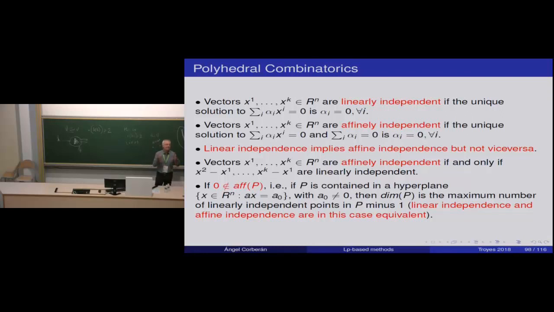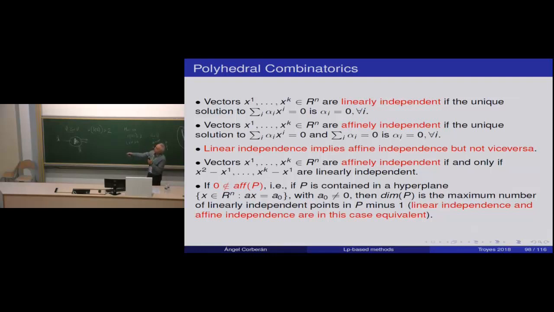What does it mean that your points satisfy an equation? That means that they are in a hyperplane, a plane in the space. So if all your points are in this plane, the dimension of your polyhedron at most will be 3 minus 1. So you have to reduce by 1 for each of the equations that are satisfied by your solutions.